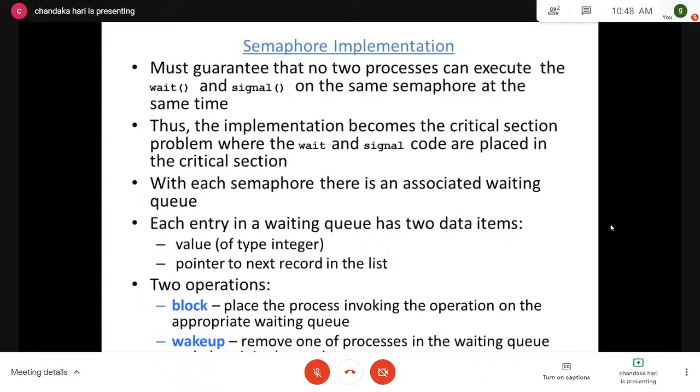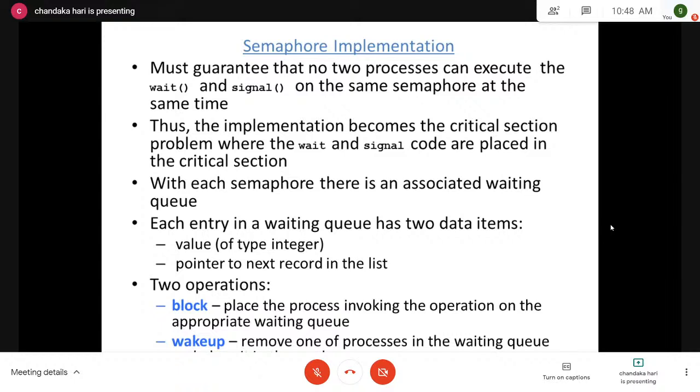Now, in order to work on this busy waiting problem, we can modify the definition of the wait and signal of a semaphore. When a process executes a wait operation and finds that the semaphore value is not positive, depending on priority it must wait. Now we'll see how to define it.